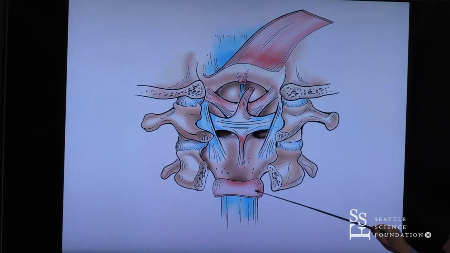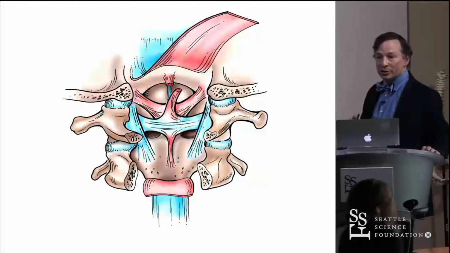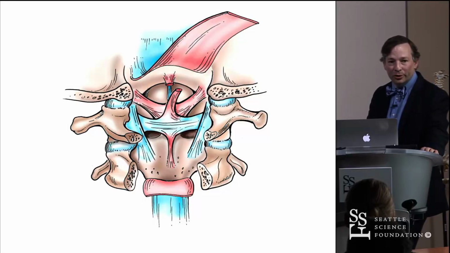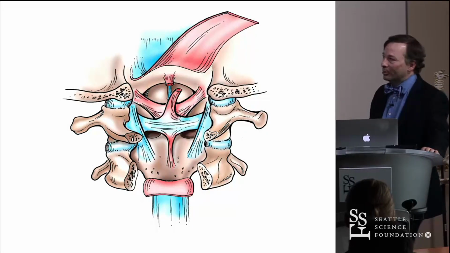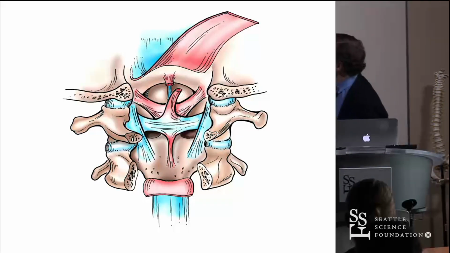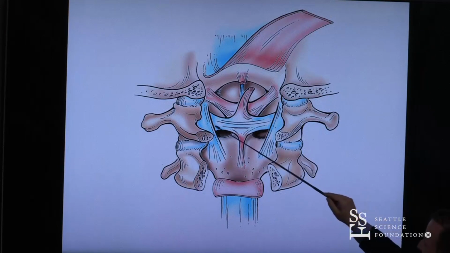That tectorial membrane, once you pull it down, you see this elaborate array of ligamentous structures, specialized ligaments just to hold C1 and C2 to the occiput and keep everybody from moving and interfering with the spinal cord. The first structure you'll see looks somewhat like a cross, hence the name. This is called the cruciate ligament, just like you see in the knee.